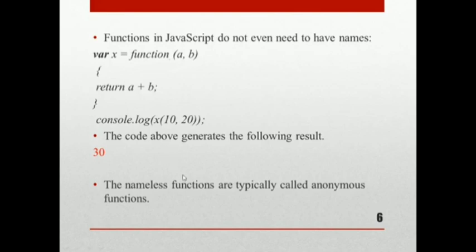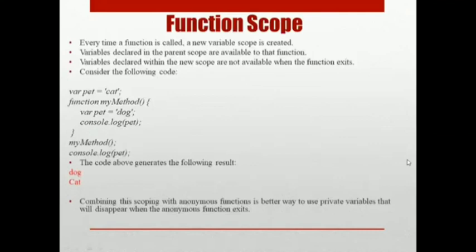The nameless functions are typically called anonymous functions. What is an anonymous function? It is a function without a name. Then function scope. Every time a function is called, a new variable scope is created.